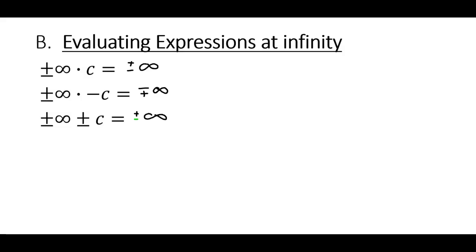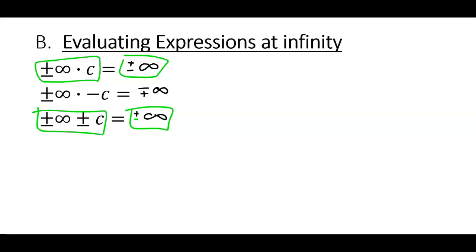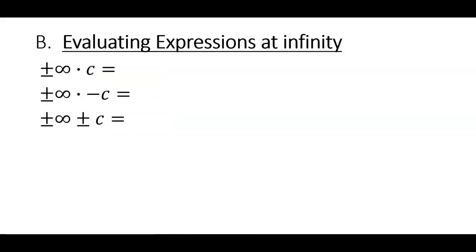So it's a lot like the multiplication one that we had earlier. If you multiply infinity by a positive number, you just get the same answer. If you take positive or negative infinity and you add or subtract a number from it, you just get the same answer. But something is different if you multiply by a negative number. That's different, so we want to keep that in mind. Let's take a look at another one here.